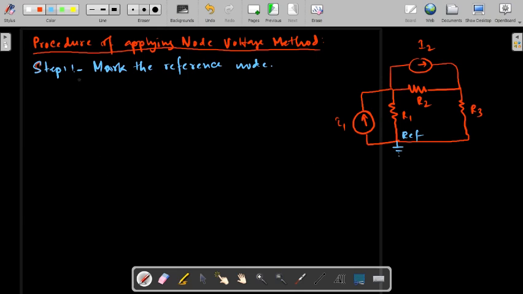This is step 1, which is over now. Now go for step 2. Step 2 says to mark all the non-reference node voltages.